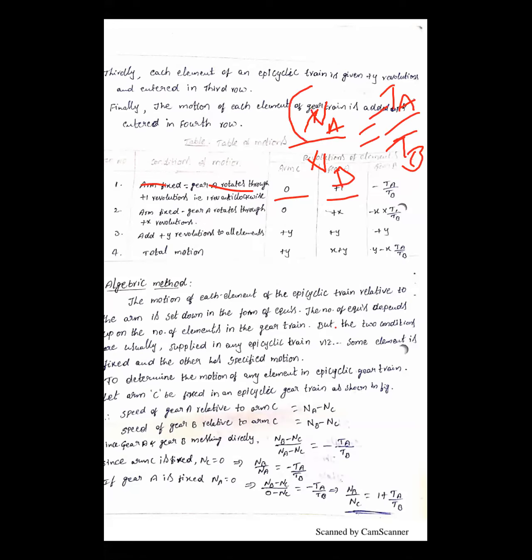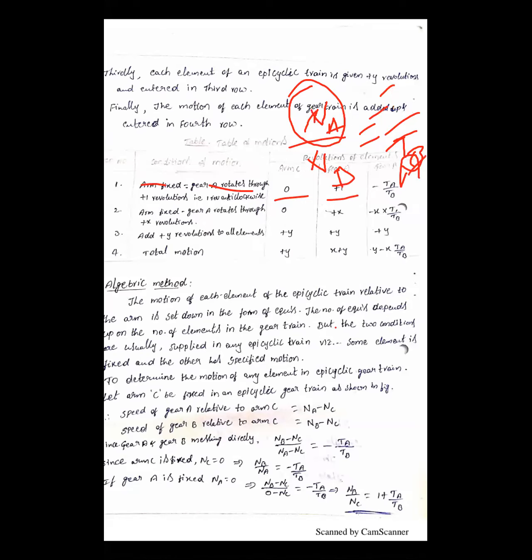And the ratio NA by NB is TB by TA, which is always the reciprocal.